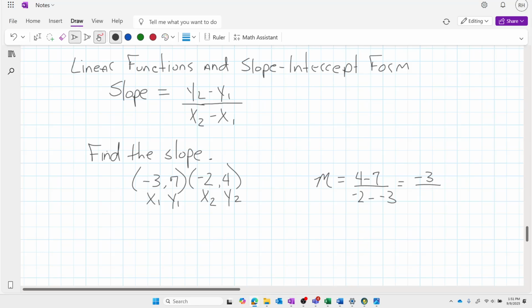And on the bottom, -2 minus -3 is 1. So our slope would be -3 over 1, which is -3. Everybody okay with that? Okay.